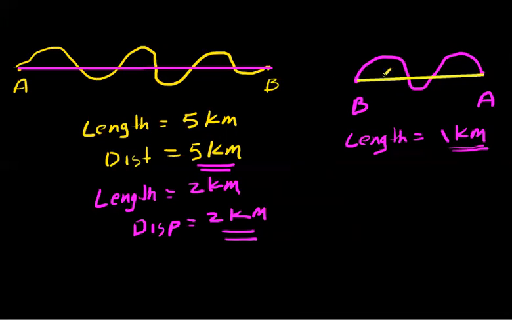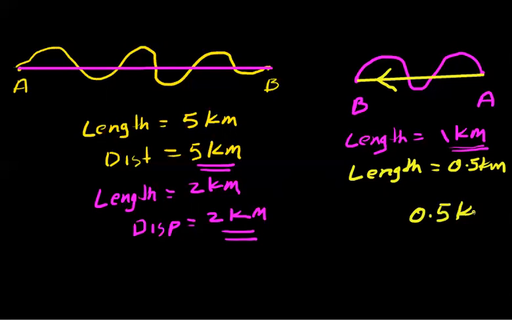Now we are going in the opposite direction. Let's say the length of the yellow line equals 0.5 kilometer. So now we can say displacement equals 0.5 kilometer. But remember, the object is traveling in the opposite direction, from B to A, so we say that displacement is negative.